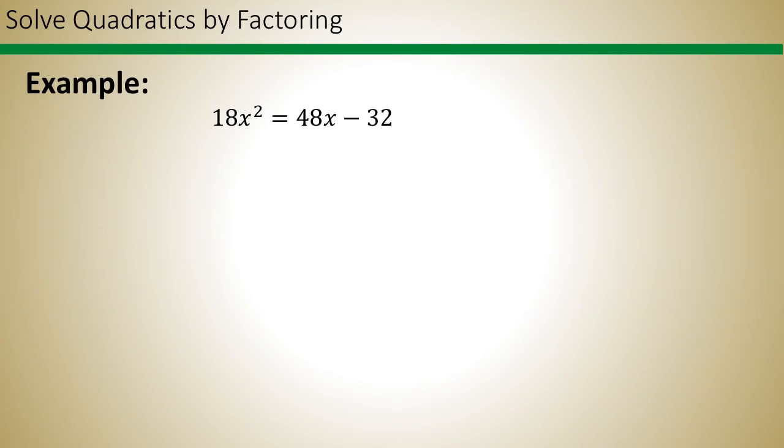Okay, here's another one. Again, we want everything on one side and we want to have 0 on the other side. So these things are going to get moved to that side, and that's going to create this equation, 18x squared minus 48x plus 32, and that's all equal to 0 now because I moved everything from that side.